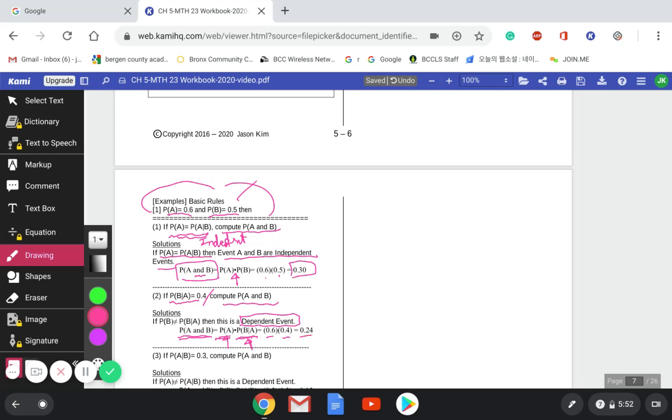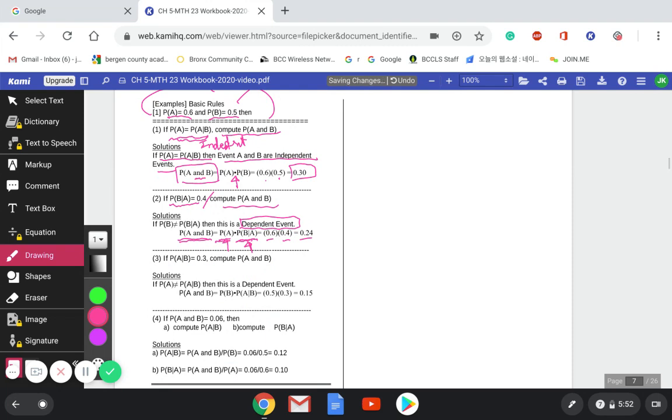So that's another case. Now, how about if probability of A given B is 0.30 this time, not B given A? Then how do you find probability of A and B? Again, if the given value is 0.3, then probability of A is not the same as probability of A given B, so they are also dependent.